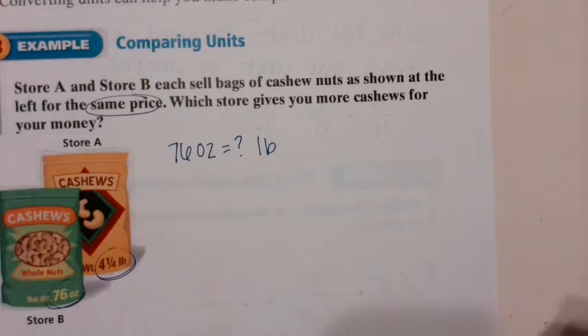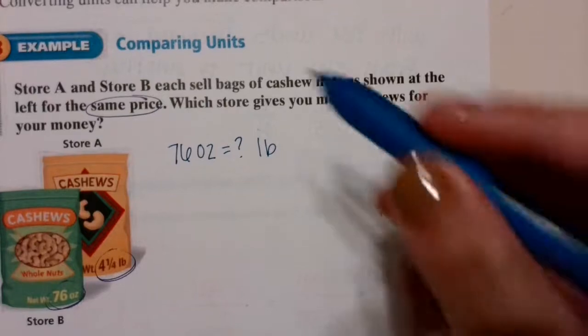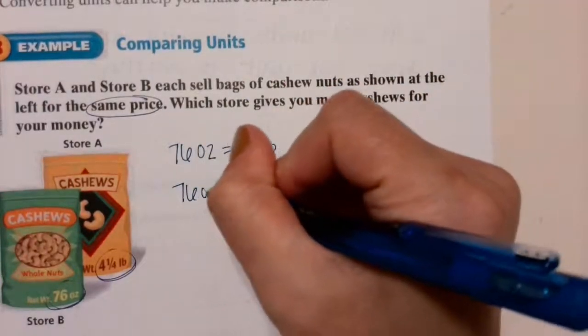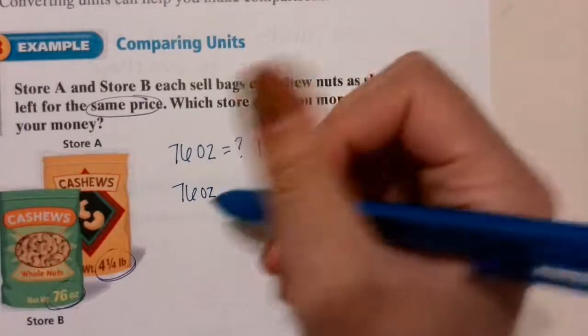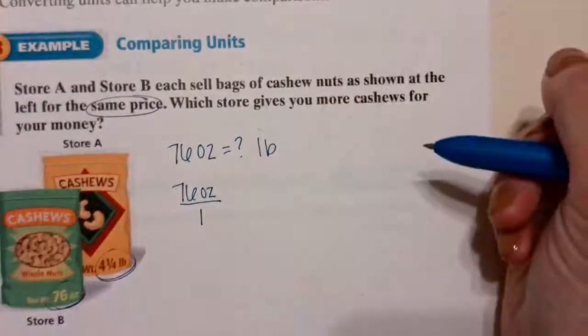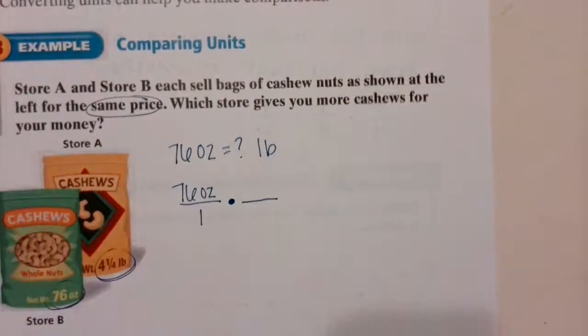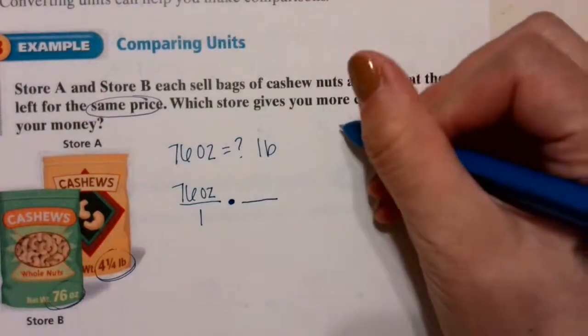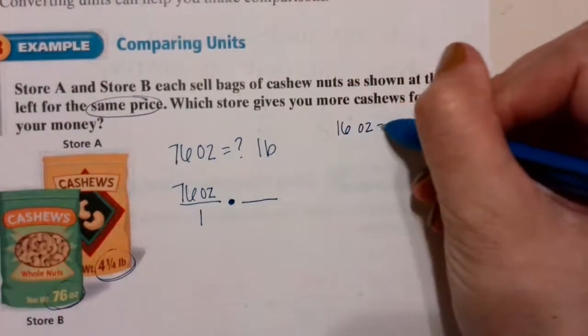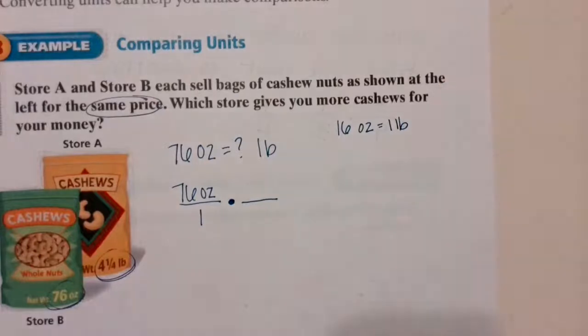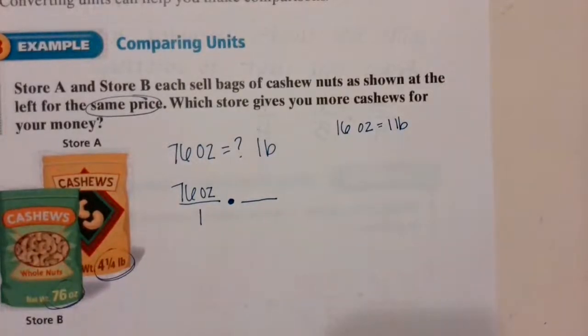Okay, so 76 ounces, I'm going to make that a fraction over 1, multiply by a fraction, and earlier it said that there were 16 ounces in 1 pound, so I'll use that equivalent.